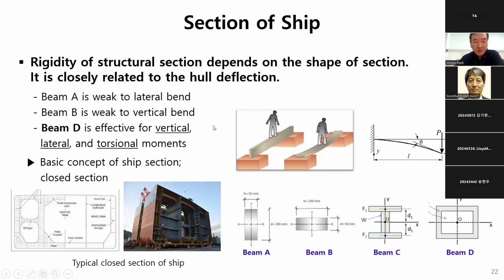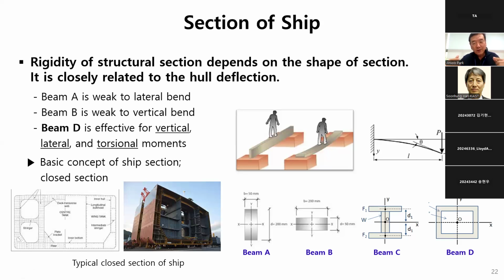Here is an example, beams A, B, C, D. The sectional area is all the same, but rigidity differs with the shape of the section. Beam A is weak to lateral bending, but strong to vertical bending. Beam B is very weak to vertical bending. Beam D is known to be very effective for vertical, lateral, and torsional movement.